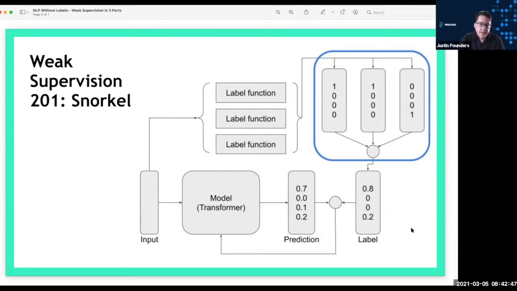So as I said, this is a great way to quickly start applying weak supervision to your natural language processing or natural language classification task. The library is very well documented. It's also very fast in building these probabilistic models. And it's worth noting that even though I'm showing this probabilistic model that combines the label functions as a little circle here, it's actually pretty complex.